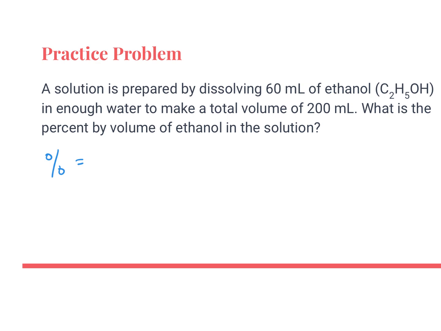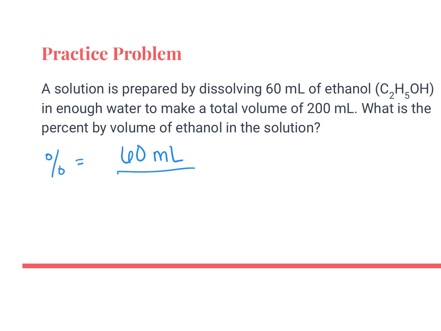What's the solute in this example, you think? What always does the dissolving? Water. So what's the other substance in here that isn't water? Ethanol. So that's your solute. How much ethanol is in this problem? 60 milliliters of ethanol.